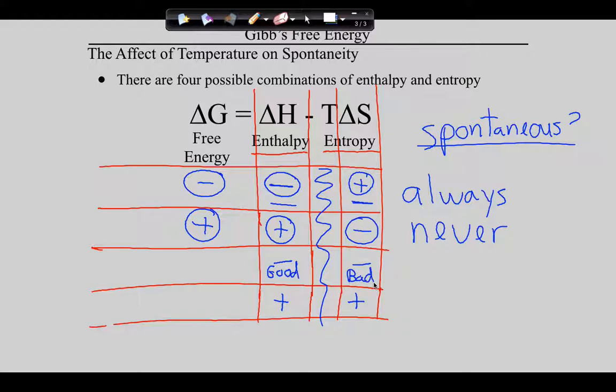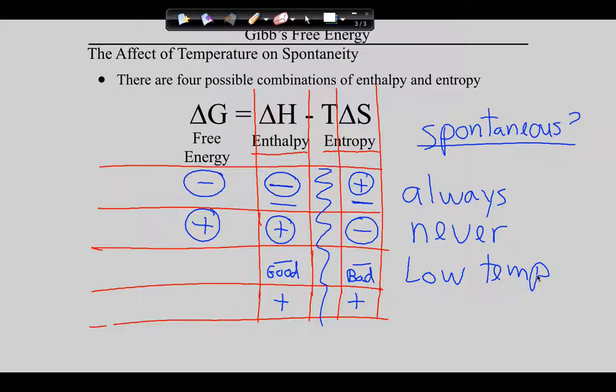So guys, if we want this reaction to be spontaneous, what do we have to do? Well, we've got to minimize the effect of bad. So how do we minimize the effect of this bad entropy issue? We lower the temperature. So this would be spontaneous at low temperatures because that takes that entropy term and decreases the effect that it has on the process.